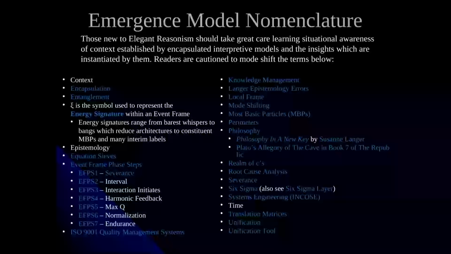I'll just tell you real quickly that we spent a lot of time talking about encapsulation. The other probably not new word, but new use of the word is entanglement. The emergence model has 2 fundamental processes: the fundamental entanglement function and severance.